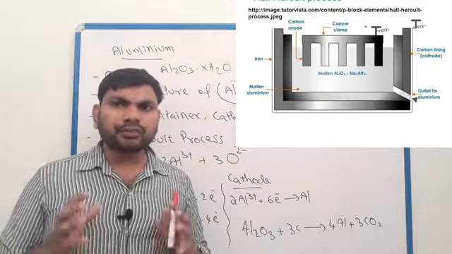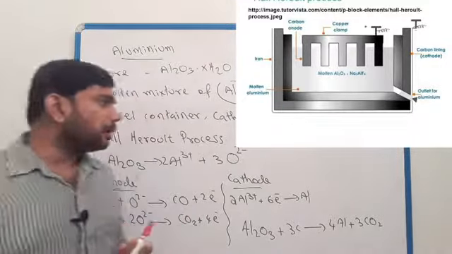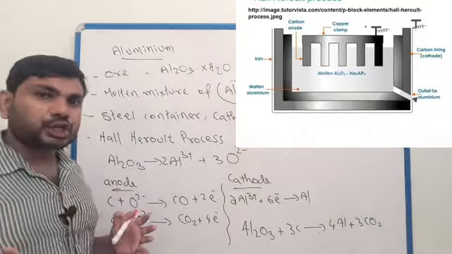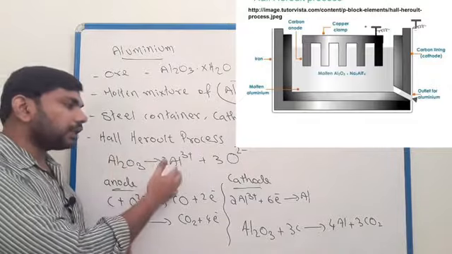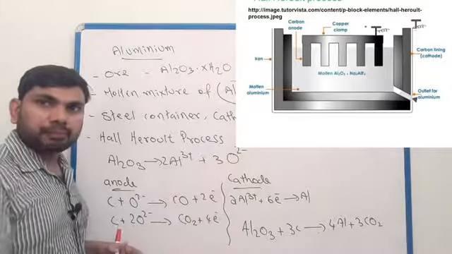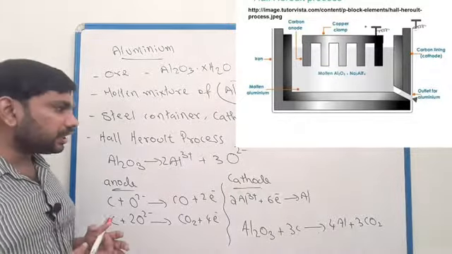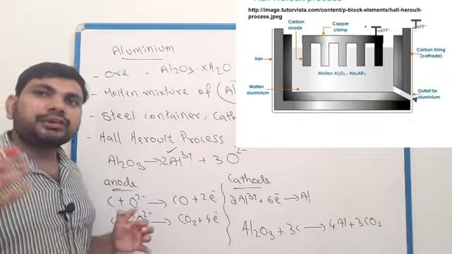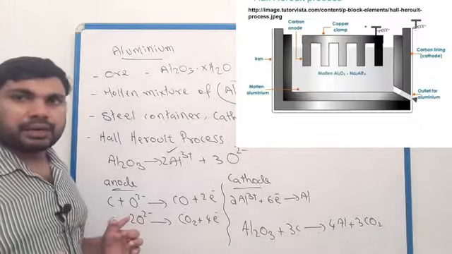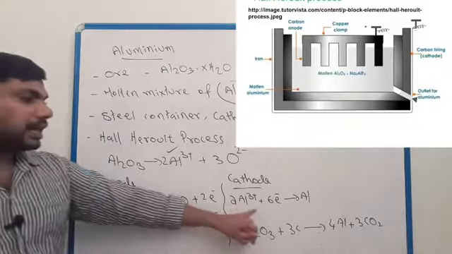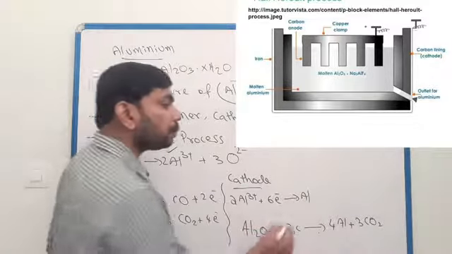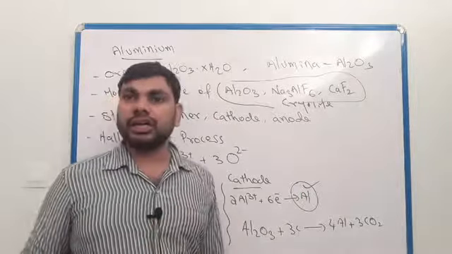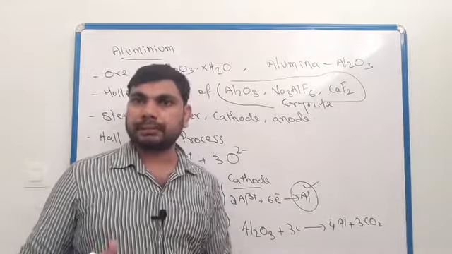Clear? After passing electricity, at a very high temperature, alumina will change to Al3+ and oxygen. The Al3+ cations will deposit at the cathode, and molten aluminium will be formed on the bottom part of the container and we can separate it.